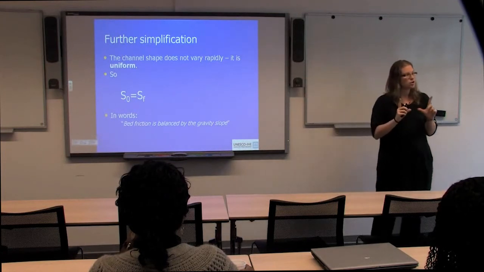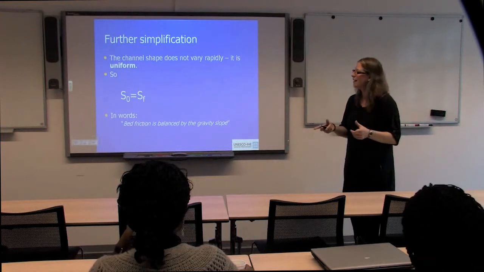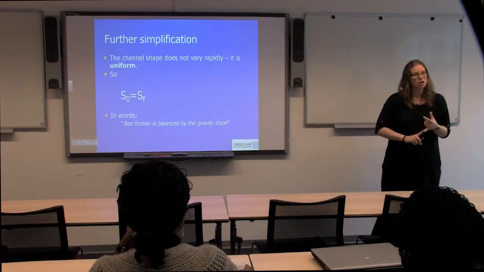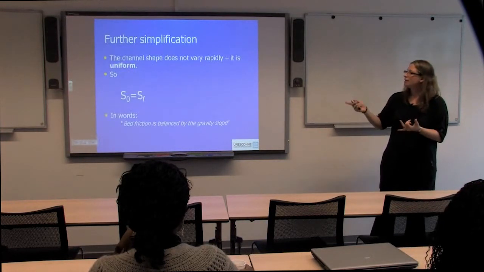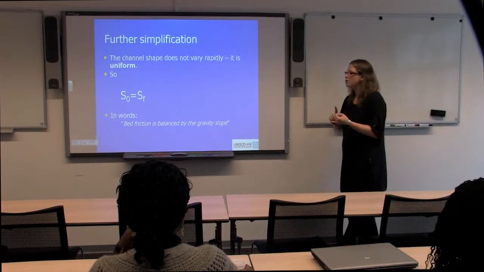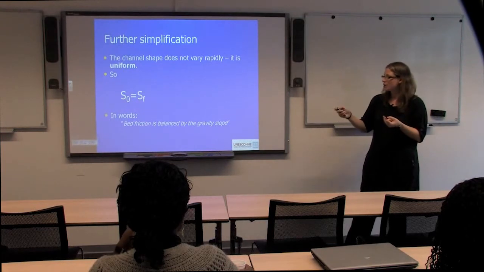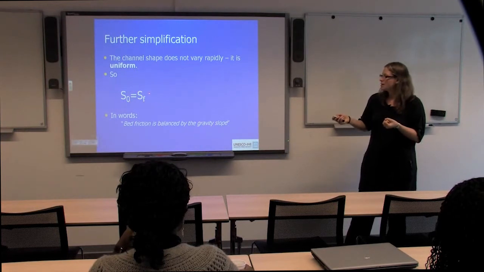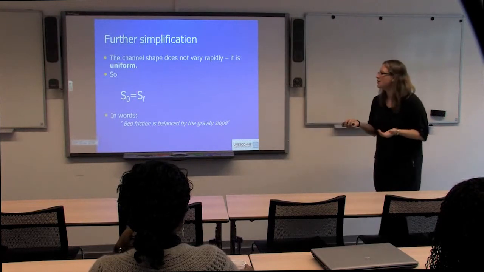If the channel shape doesn't change, if we consider that it's uniform, this is an ideal world, perhaps in a canal again, and the flow doesn't change, so the channel shape is uniform and the flow is steady, we can then say that bed friction is balanced by the gravity slope. So S0 equals SF. We can say that one balances the other.